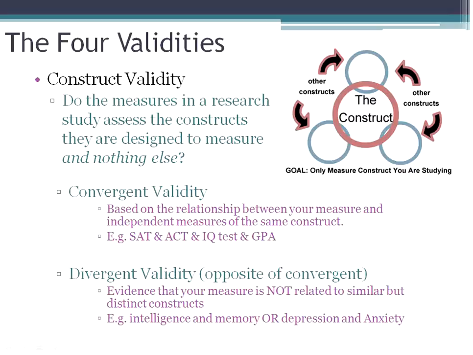If you have a measure of college readiness, it should not be related to level of income or socioeconomic status. But it turns out that these things tend to be. So divergent validity is showing that your measure is valid by showing that it does not relate to these unrelated constructs.